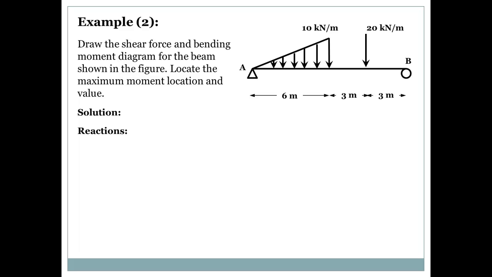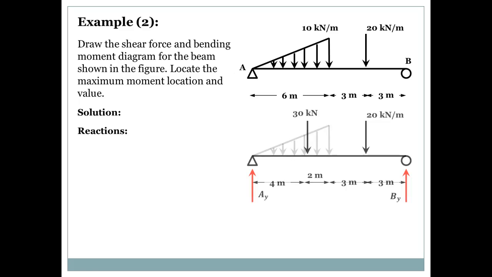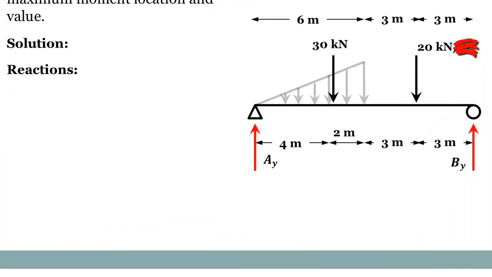The solution: we start by finding the reactions. To find the reactions, any distributed load has to be concentrated on the beam. Since we already have the 20 kilonewton, I'm sorry, this should be 20 kilonewton, not 20 kilonewtons per meter, concentrated already, we need to concentrate the triangular load. The way to concentrate the triangular load is to find the area of the triangle.